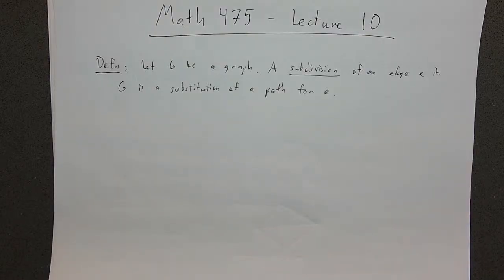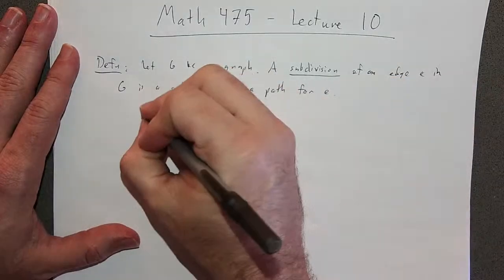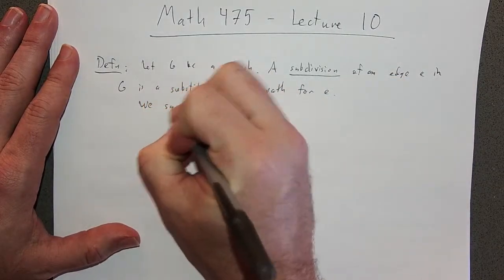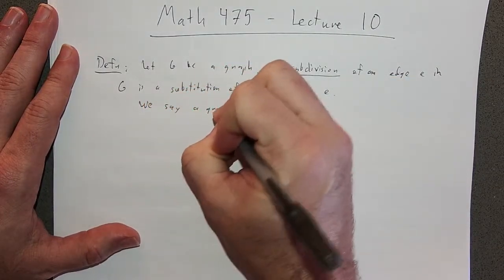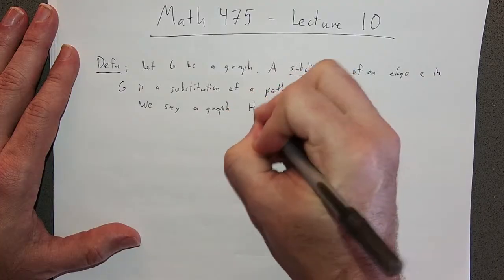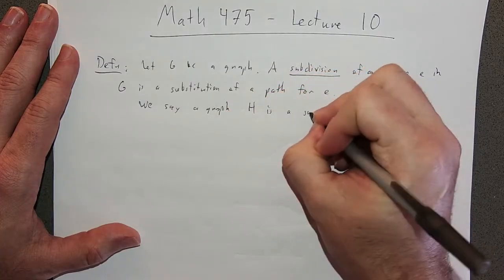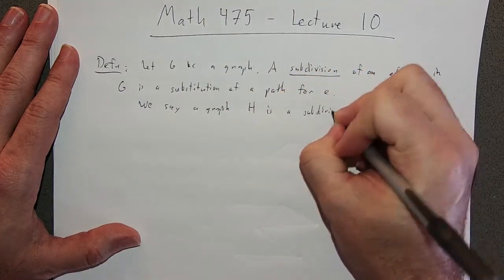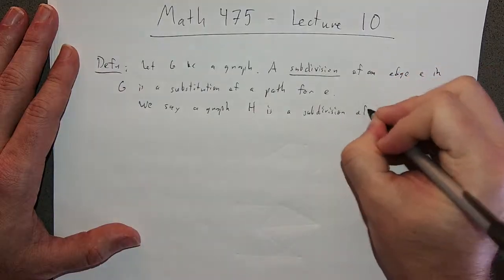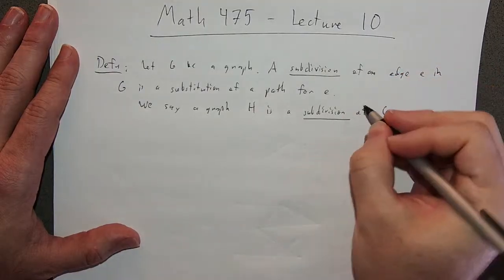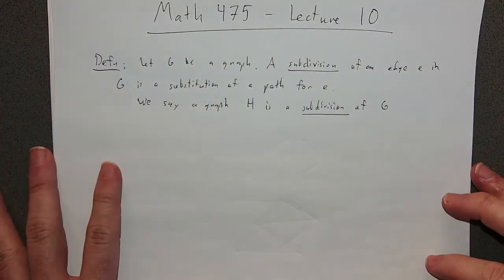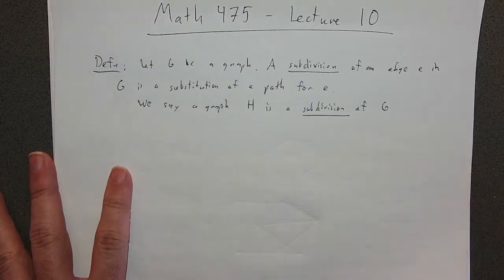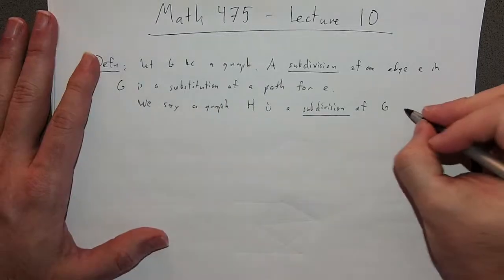And so we say a graph H is a subdivision of the graph G if H can be obtained from G by a finite sequence of subdivisions.